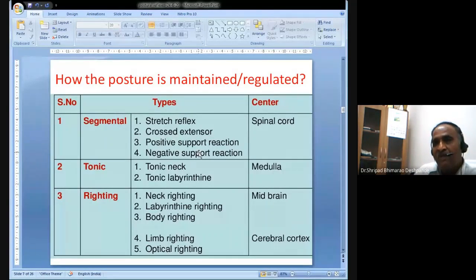Then we have another series of reflexes which are regulated in the midbrain. The midbrain is the center for this. These are called righting reflexes.